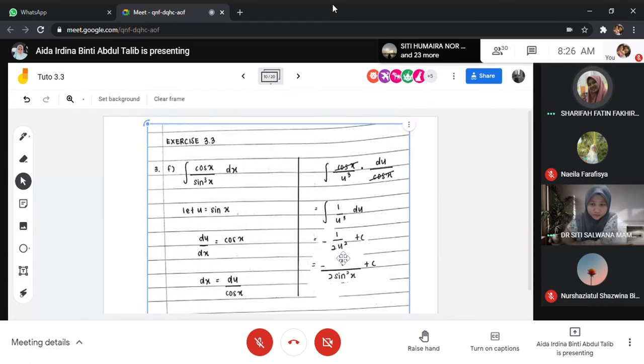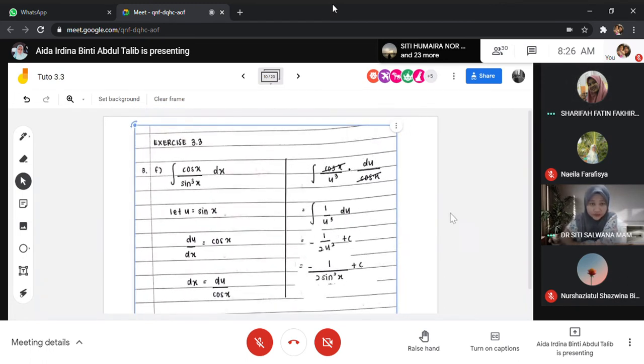Okay, so the question asks to integrate cos x over sin to the power of 3 of 2x. First, we let u equal sin 2x. So we get du over dx equals cos x. We make dx the subject, so we get du over cos x.